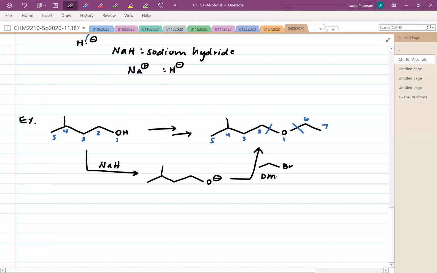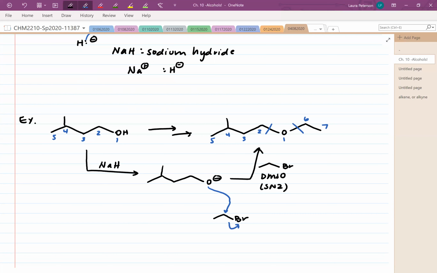You can throw in your favorite polar aprotic solvent, and we'll do the SN2 reaction. Just to write the mechanism down below in case you were not really seeing where this was coming from, we've added those 2 carbons, carbon 6 and 7. So I just made that bond between oxygen 1 and carbon 6 from ethyl bromide.